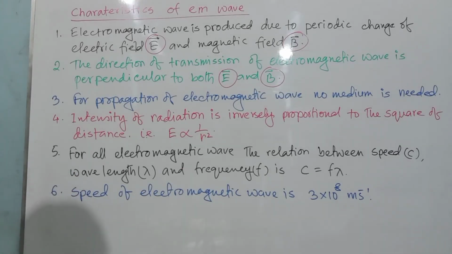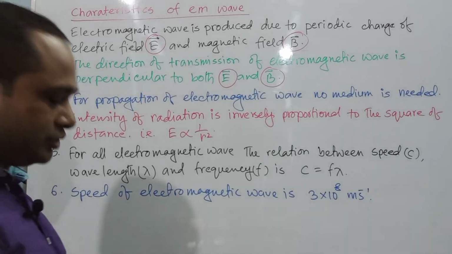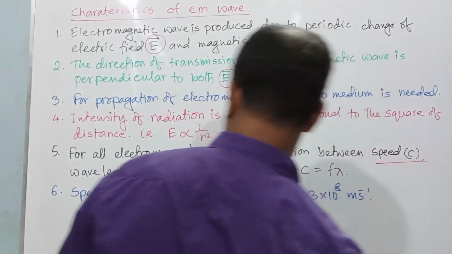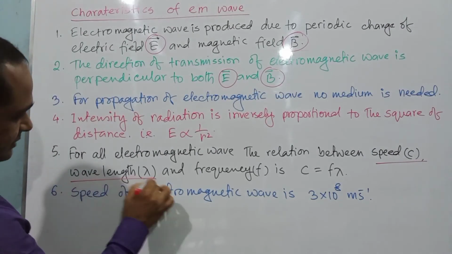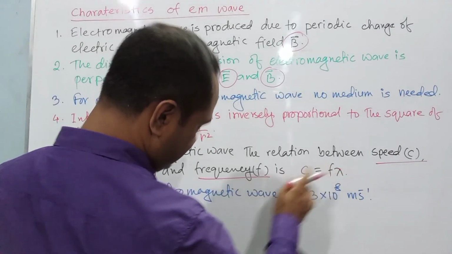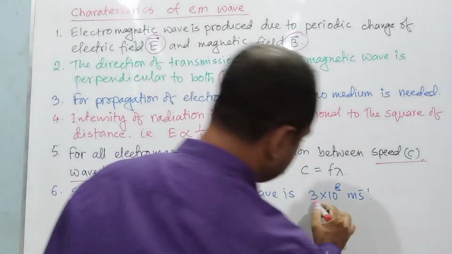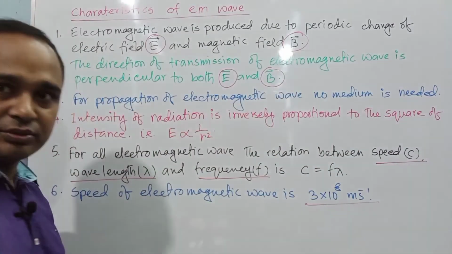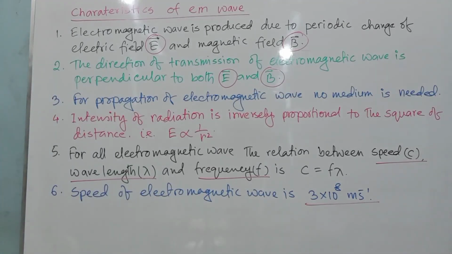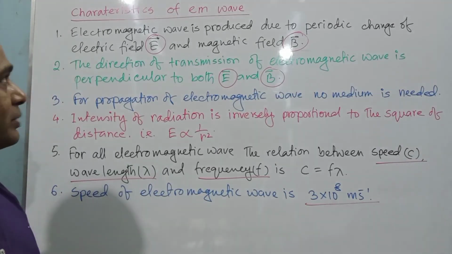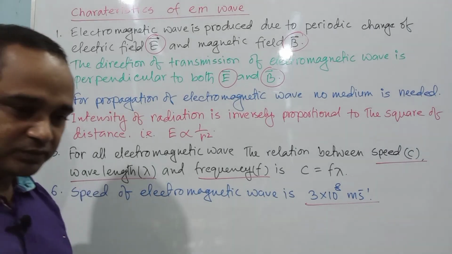Fifth, for all electromagnetic waves, the relation between the speed of electromagnetic wave c, the wavelength lambda, and frequency f is c is equal to f lambda. Already many of you know it. And lastly, the speed of electromagnetic wave is 3 into 10 to the power 8, which is exactly equal to the speed of light. These are the properties of electromagnetic wave, right?